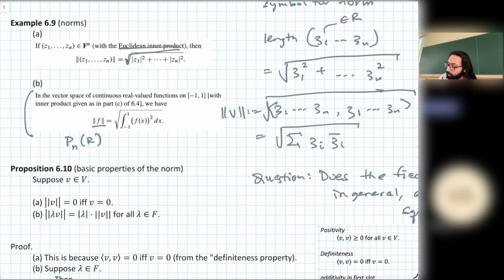Suppose P and Q are two such polynomials. We define the inner product in one of the examples as the integral from -1 to 1 of PQ dx. This is how we define the inner product.